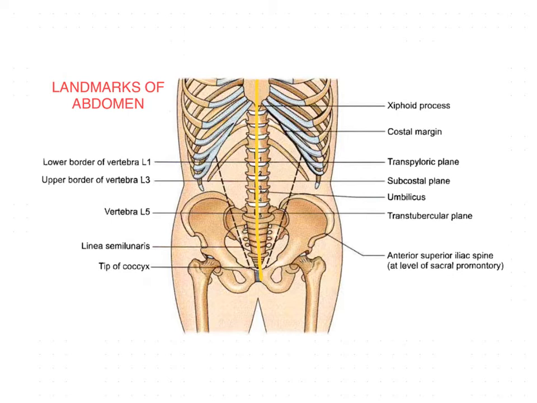Here you can find the xiphoid process, which lies at the level of the 9th thoracic vertebra, T9, to the pubic symphysis. So this is the pubic symphysis, which lies at the level of the coccyx. Okay, this is the extension of the abdominal wall in the anterior median plane.